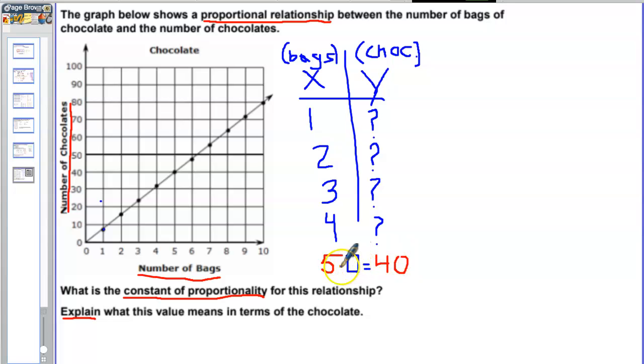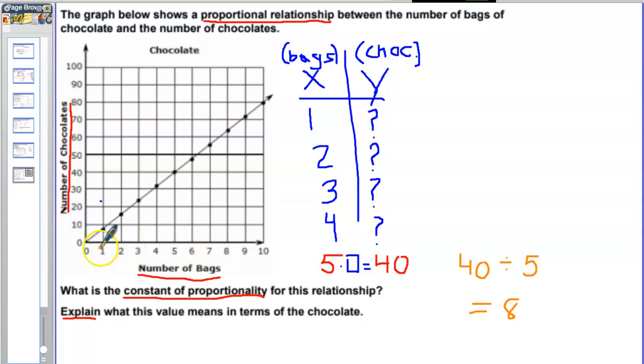So we're multiplying, so the opposite of that is to divide: 40 divided by 5. If you aren't sure how many 5s make up 40, you can always count by 5s. That is equal to 8. So 5 times 8 is 40. That means the constant of proportionality is 8.